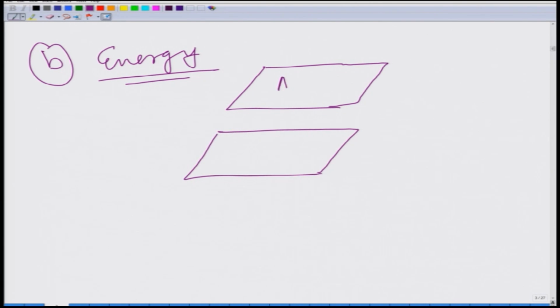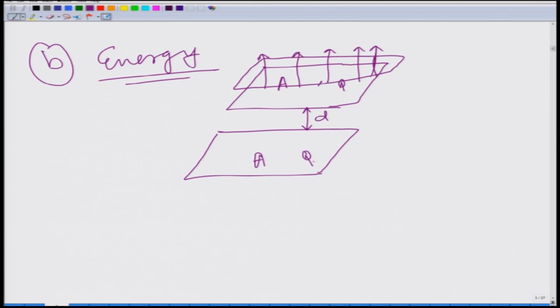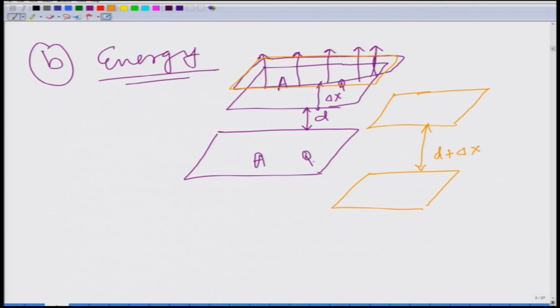Alright, so these are the plates with area A. So the separation is D and the charge is Q. Now let me move one of the plates by a distance, say delta x. So now the separation is not D but D plus delta x.